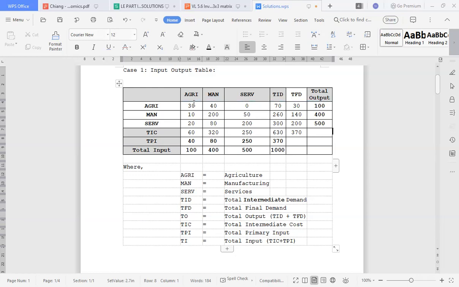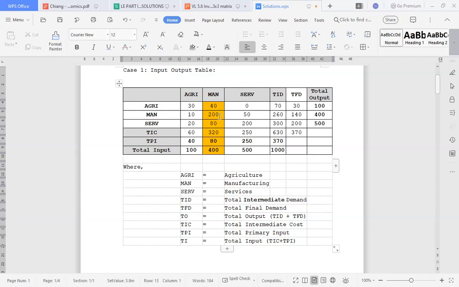Let's go to input. Again, starting with manufacturing. In order to produce, the manufacturing sector uses input that is worth 400 billion, of which 40 billion will be coming from agriculture, 200 will be coming from manufacturing.